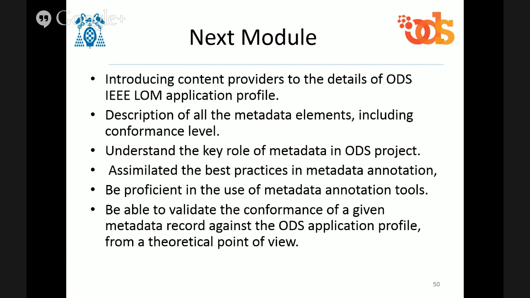We want you to understand the key role of metadata in the ODS project, assimilate best practices in metadata annotation, be proficient in the use of metadata annotation tools, and be able to validate the conformance of a given metadata record against the ODS application profile from a theoretical point of view.